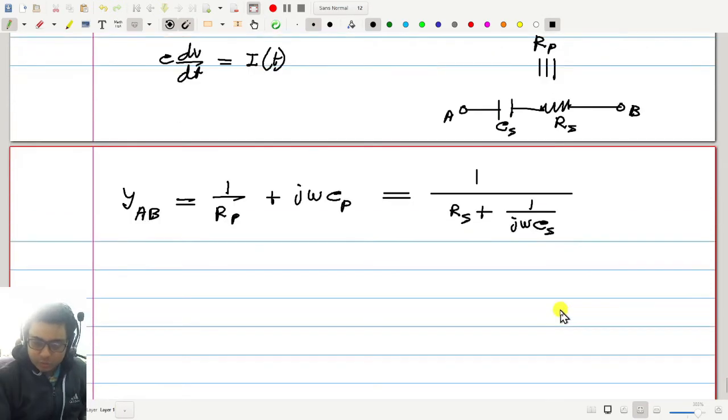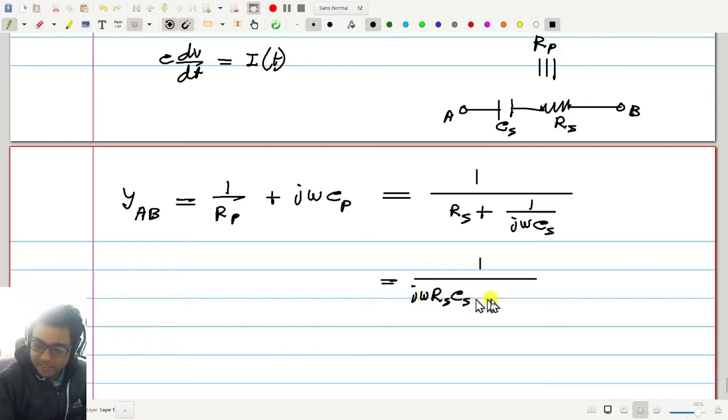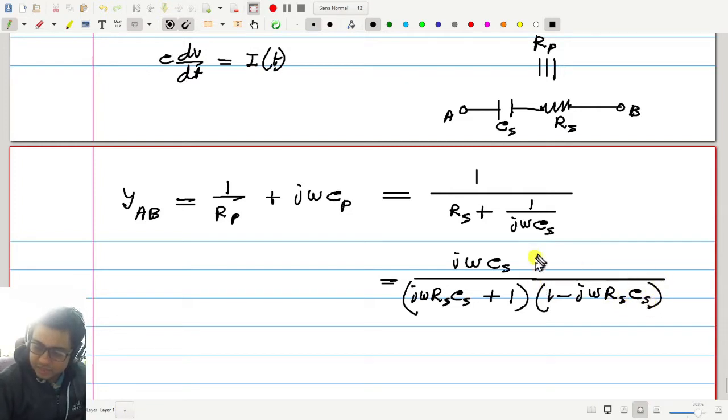Now let us do some maths. Let us simplify this. 1 by RS plus 1 by j omega CS, numerator becomes j omega CS. Now let me multiply and divide by the quantity 1 minus j omega RS CS. Here 1 minus j omega RS CS.